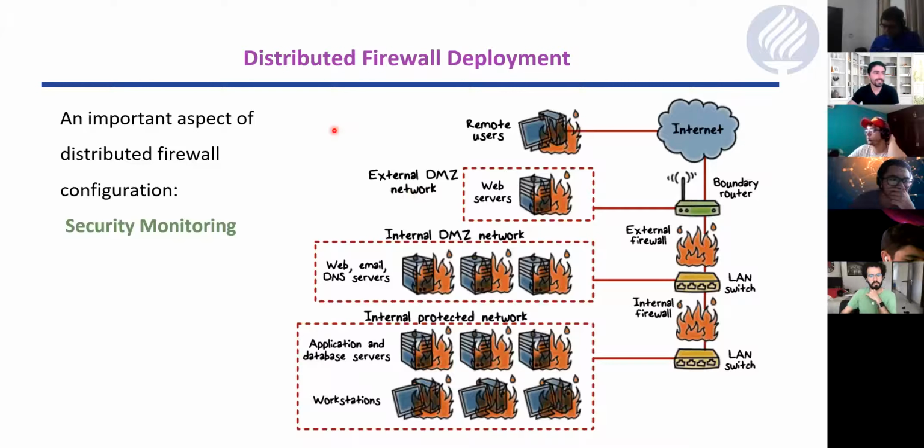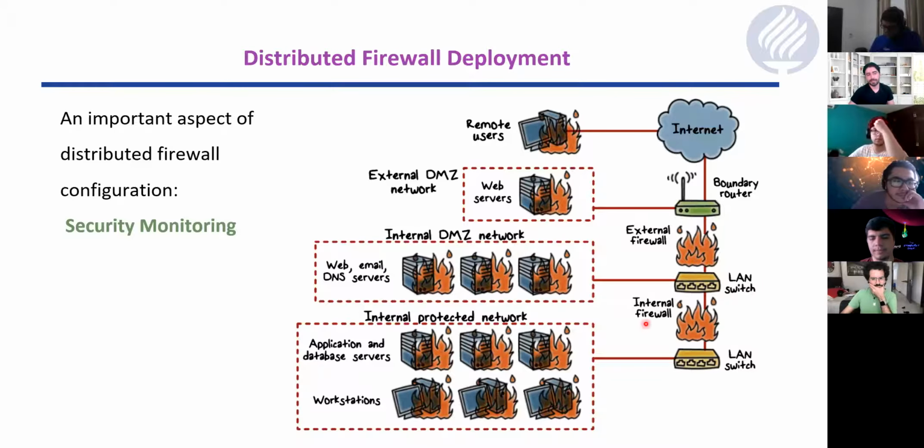And you can have a distributed firewall deployment. Let's say in this case I'm a remote user. I have a personal firewall. This is the web server in my external DMZ network. It has a host-based firewall. Then I have to pass through these external firewalls in order to reach these internal DMZ networks.